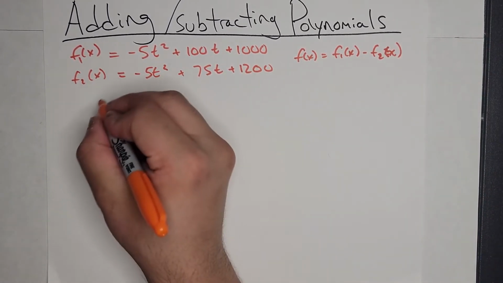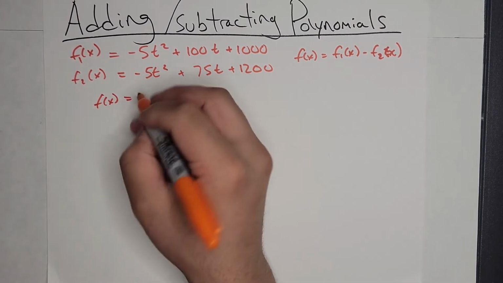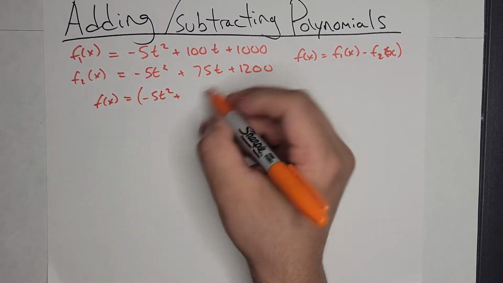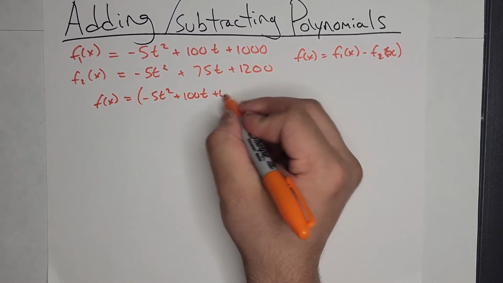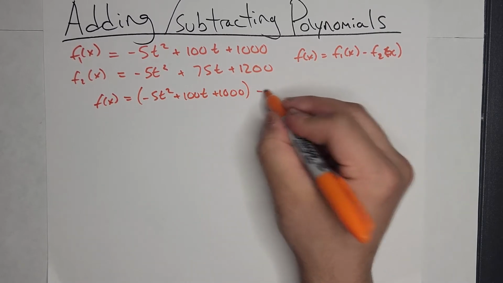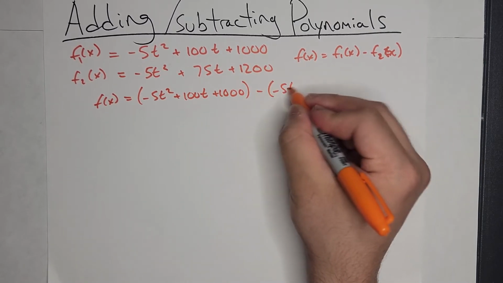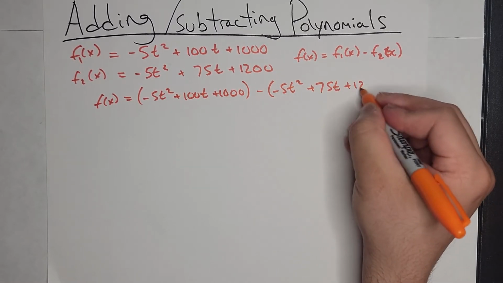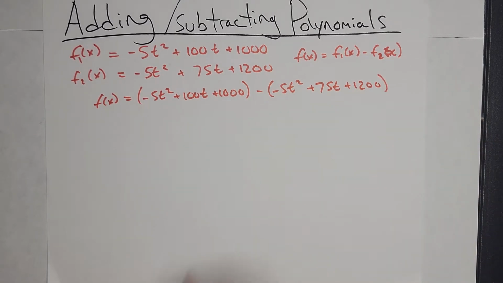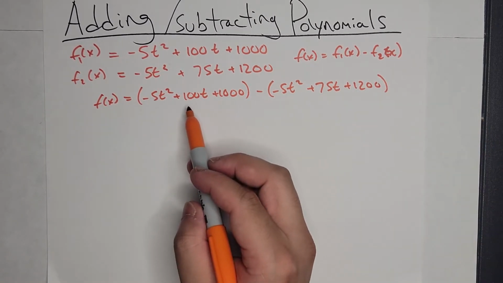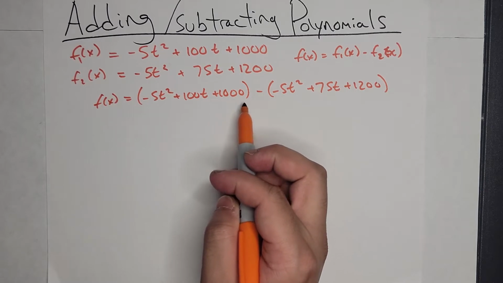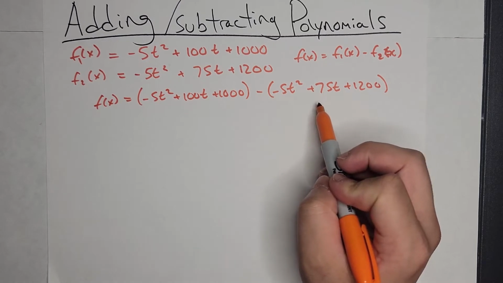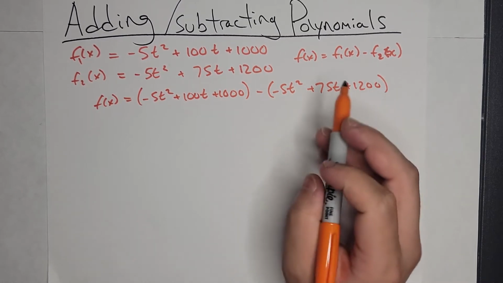Now if we were to write that out, that would be negative 5t squared plus 100t plus 1000 minus the polynomial of negative 5t squared plus 75t plus 1200.